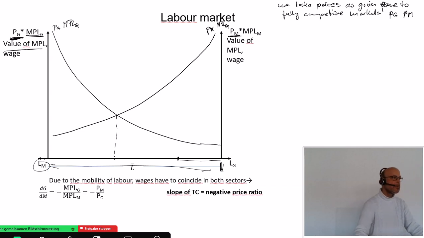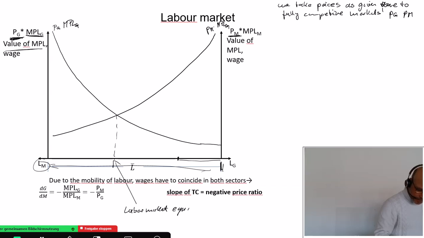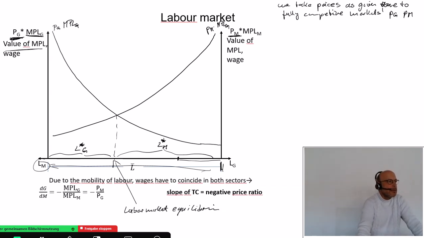And this would be now the intersection of both. This would be our labor market equilibrium. This would be the optimal labor input in the industrial sector, and this would be the optimal labor input in the agricultural sector.